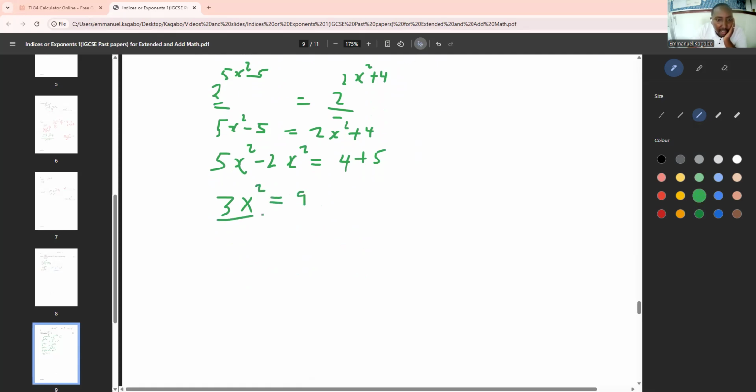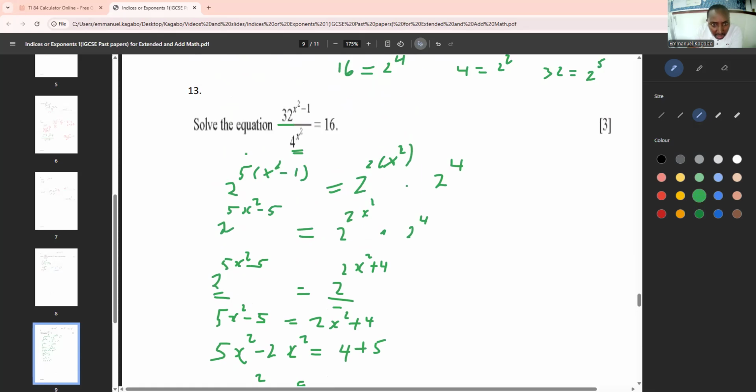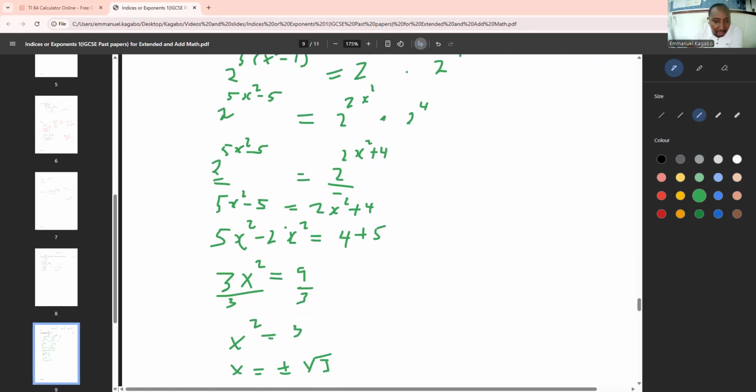Then divide by 3 both sides. Then I'll get x squared as 3. So x is plus or minus square root of 3. You can check if I didn't make any mistake, but most likely the working should be okay. Good question. You can do it by yourselves and check.